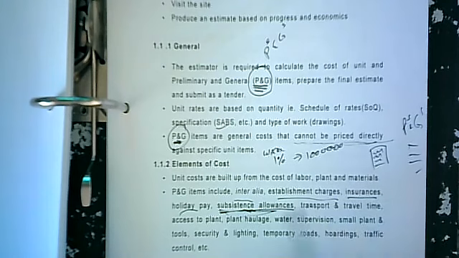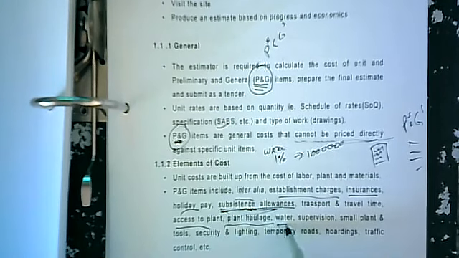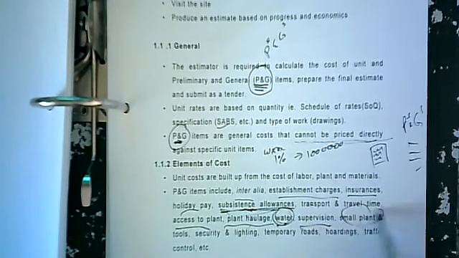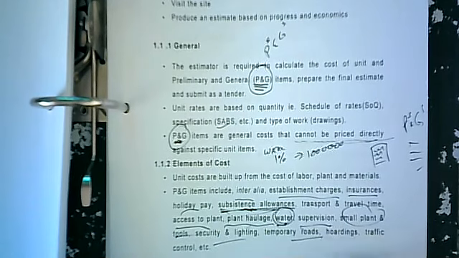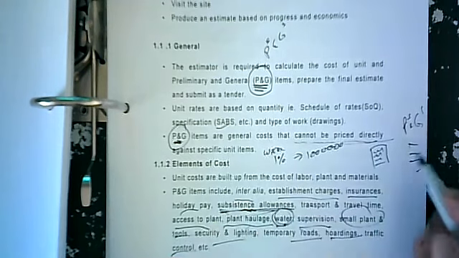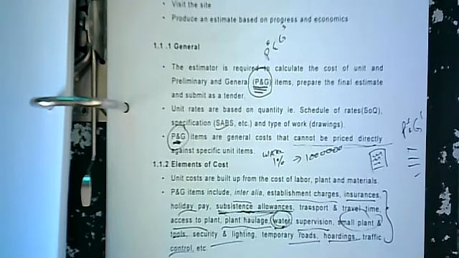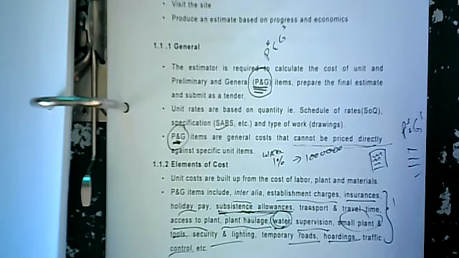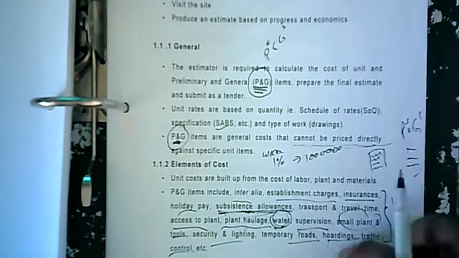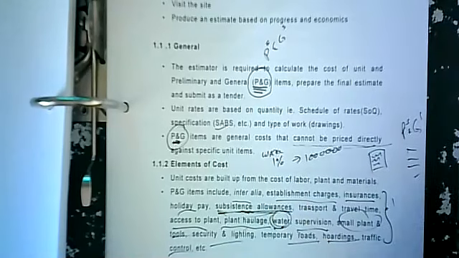All right, transport, time and travel, access to plant, haulage, water, we spoke about that, supervision, small plant, tool security, temporary roads, hoardings, traffic control. So, notice, none of these items have got to do with what you're building. You could be building a school, you could be building a hotel, but all these items are common to those different types of structures.